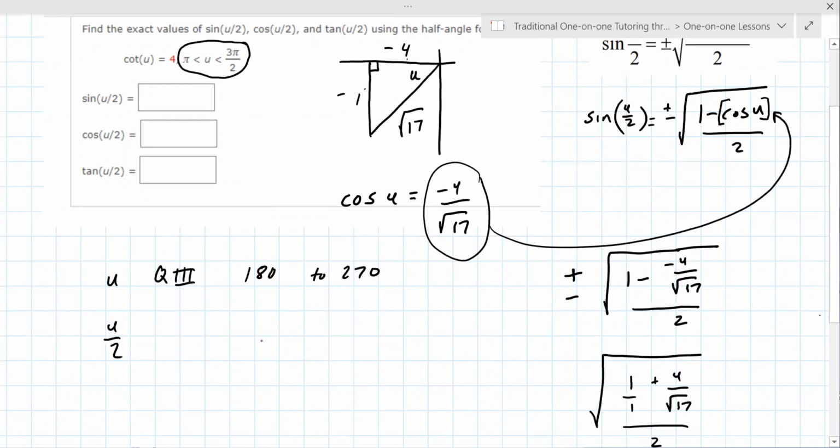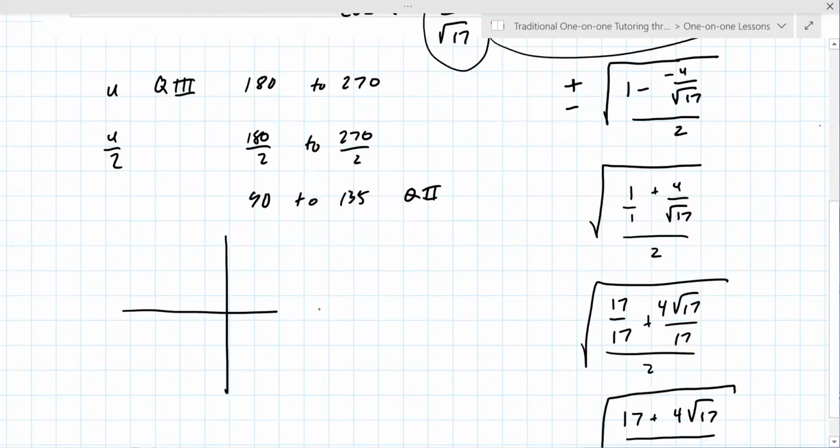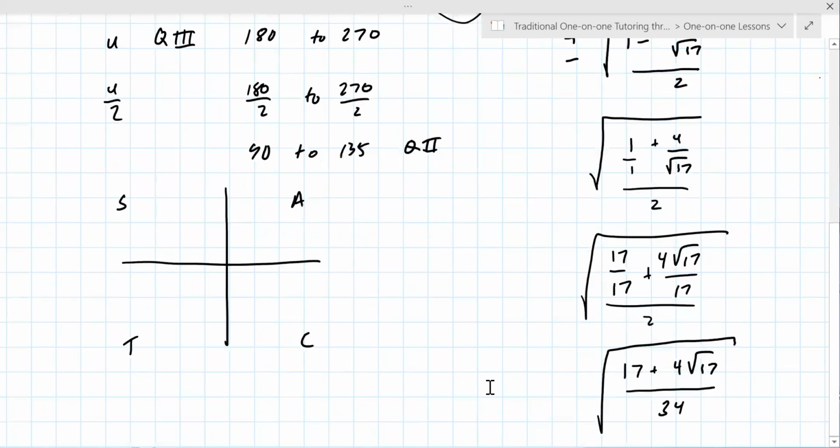U over 2, you cut these numbers in half, so 90 to 135, that puts you in quadrant 2. Is sine in quadrant 2 positive or negative? It's positive. So that's how you choose. You look at which quadrant the half angle fits in. You remember that all students take calculus, and that tells you the sign after you do this part.